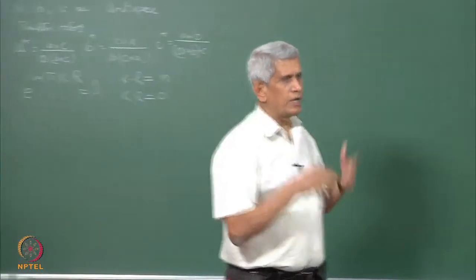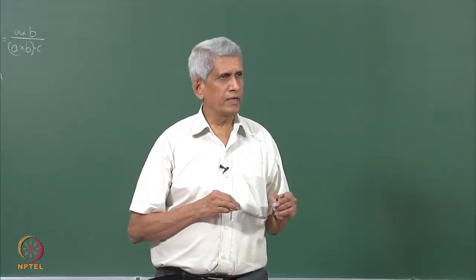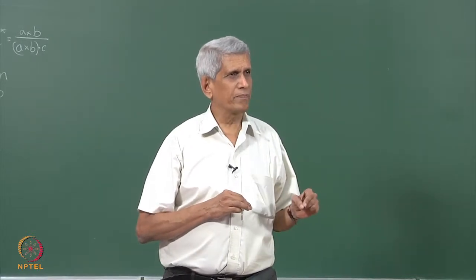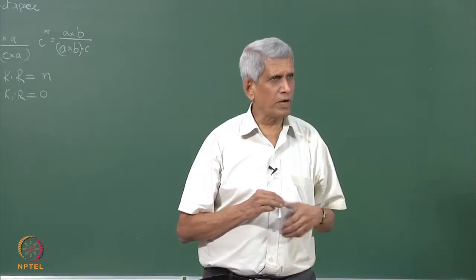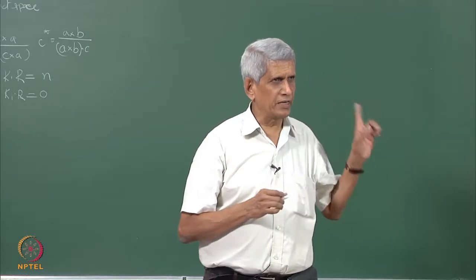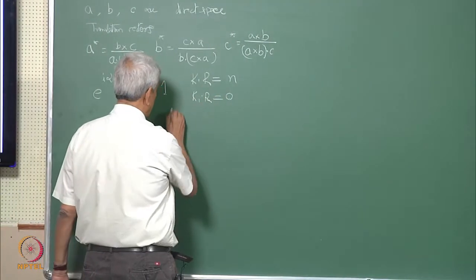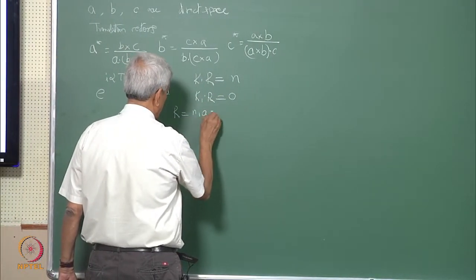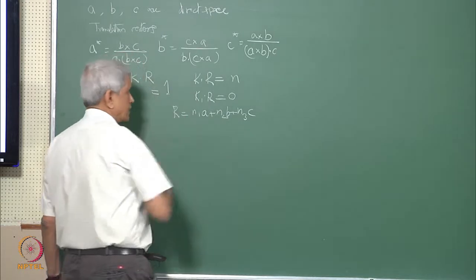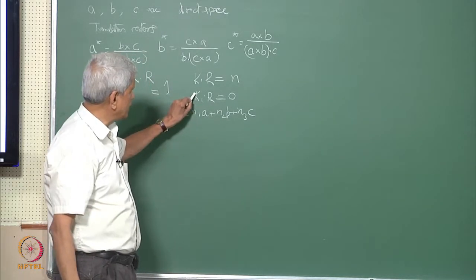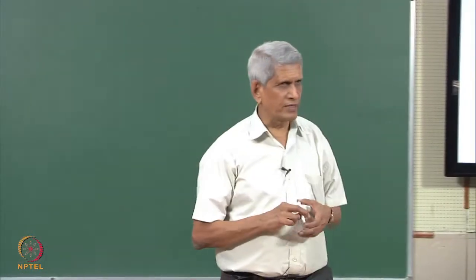Similarly, k2 is another vector in reciprocal space, and for every vector in reciprocal space we have a corresponding lot of vectors which satisfy this condition. That means all the vectors r equals n1 a plus n2 b plus n3 c which satisfy this condition are perpendicular to this vector k1, correct? That is what this indicates.